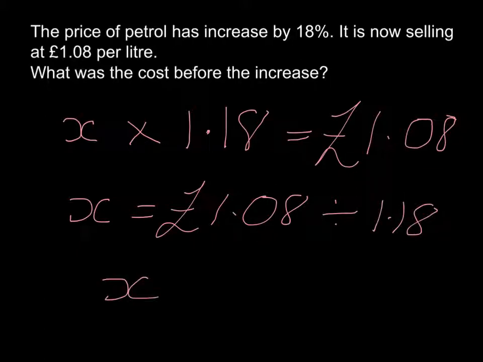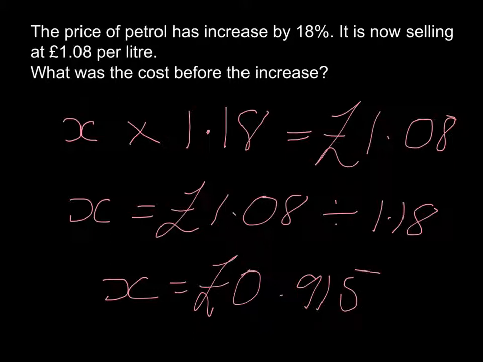We're now just a calculator away from the answer, which is 0.91, and then the calculator goes 5 to 5. Well, that's not useful in its current format because money is usually rounded to 2 decimal places. So I'm going to round this answer to 2 decimal places. So that becomes 92 pence.